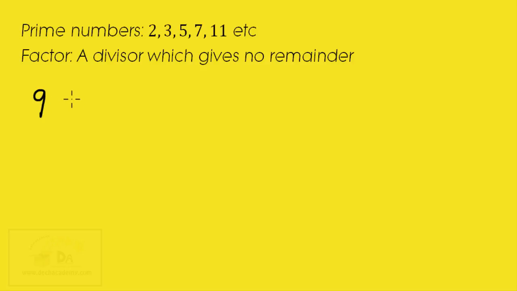This number has factors 3 and 9. Of these factors, only 3 is a prime number. So in order to break down 9 to a product of its prime factors, it has to be broken down into a product of numbers involving just 3, because 3 is the only prime factor.